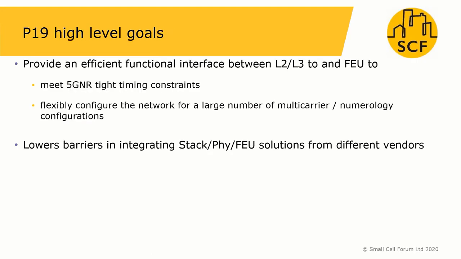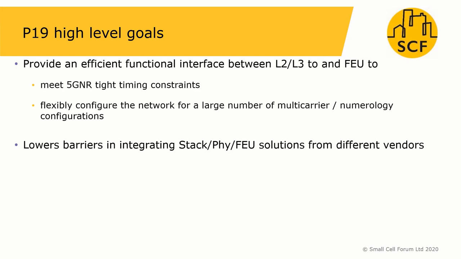We can summarize the high-level goals of the P19 spec as follows. First of all, it provides an efficient functional interface between the upper stack and the front-end unit to meet the 5GNR's timing requirements. It also allows configuring the front-end assets for a wealth of carrier and numerology combinations.